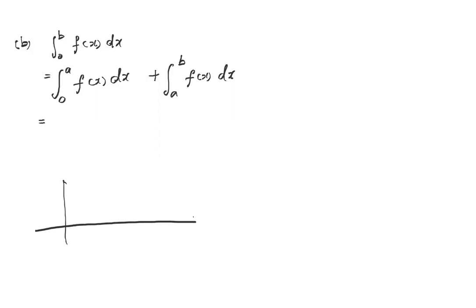Yes, so I can write down area A. But does the second one represent area B? No. It's the absolute value of the second one that represents area B, correct? Because area B is below the x-axis, the definite integral for this part will give me the negative value of area B, am I right?